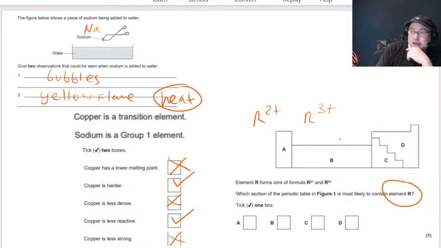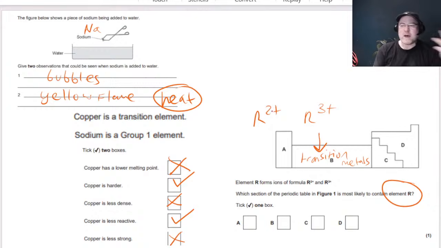We're going to find that in the transition metals. If you're doing triple, you need to know that. Transition metals have multiple charges. Group 1, group 2, group 3 elements can't have multiple charges. Group 1 is only ever +1, can't be +2. Group 2 is only ever +2, can't be anything else.